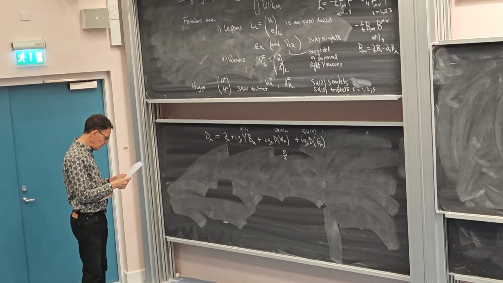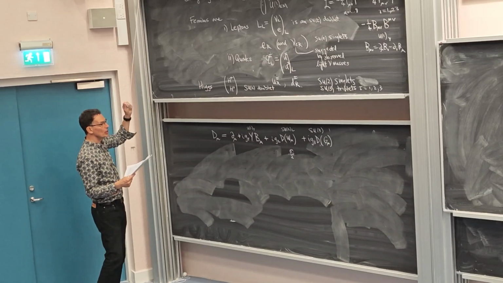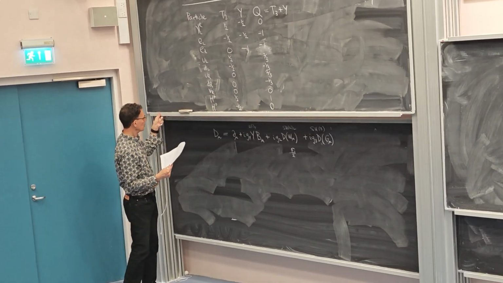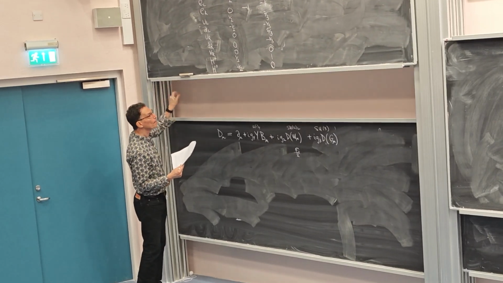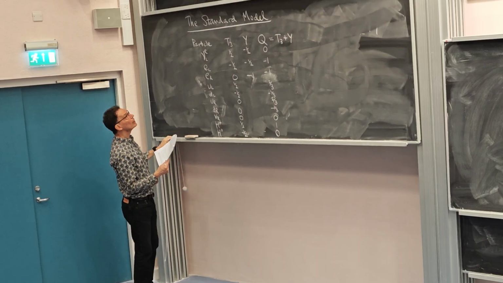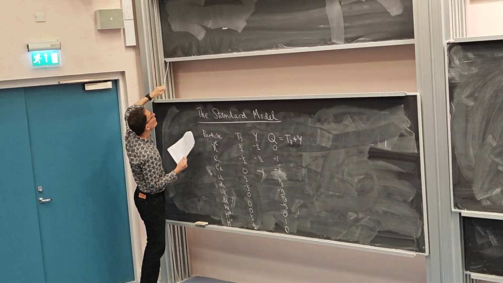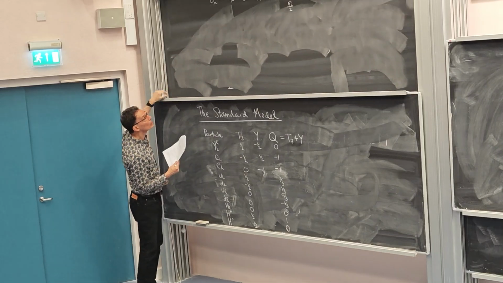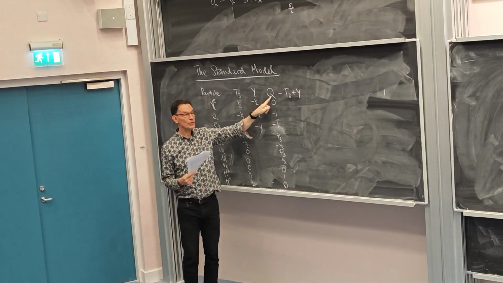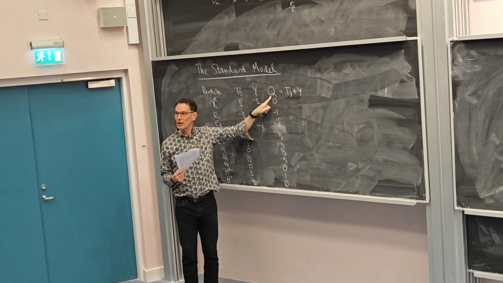Okay, so let's see how this, well, let's first of all just reproduce that table above. Now I'm going to, in constructing this table, cheat a little bit by using this formula, okay? And I'm going to justify this formula in a moment.